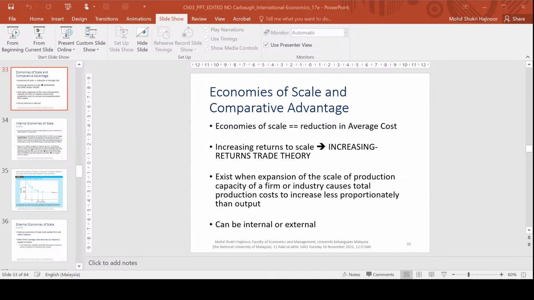All assume no difference in factor endowment, and as a result no difference in comparative advantage based on factor endowment. But the reason for trade will come from the five things that we're going to study, one by one.